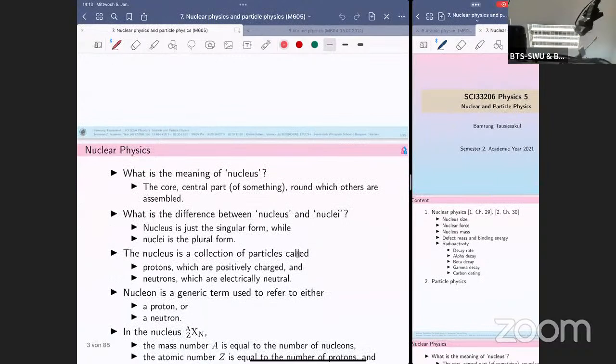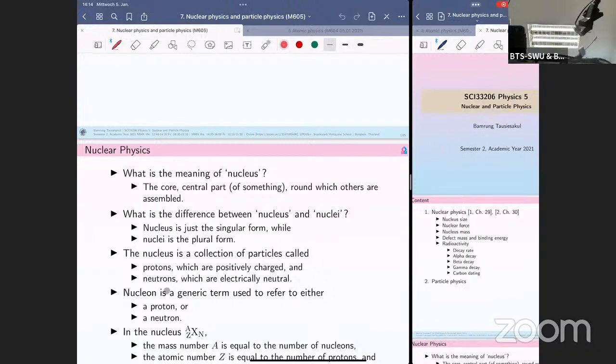A nucleus is a collection of particles called protons and neutrons. The protons are positively charged. You know that a proton has a positive charge, and a neutron is electrically neutral. A neutron has no charge; it's neither positive nor negative. It's neutral.